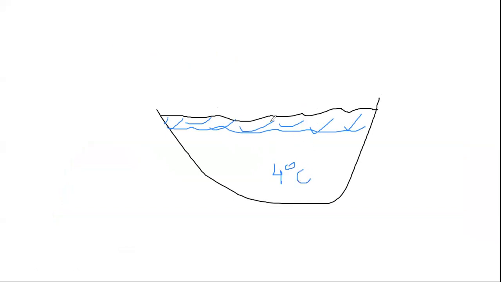The ice has less density than 4 degrees Celsius water. The aquatic life, the fish and the plants, can survive during the winter conditions. Otherwise we would have nothing left after the winter. That's what I want to talk about today.